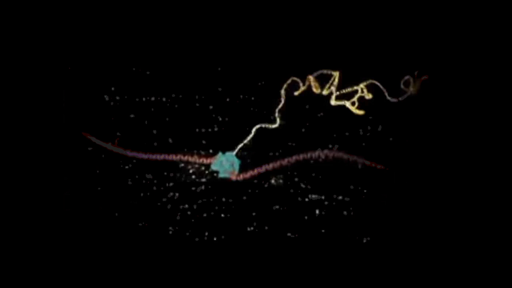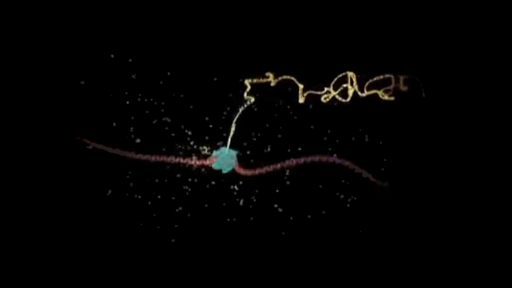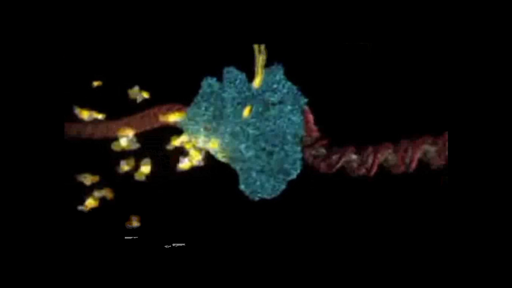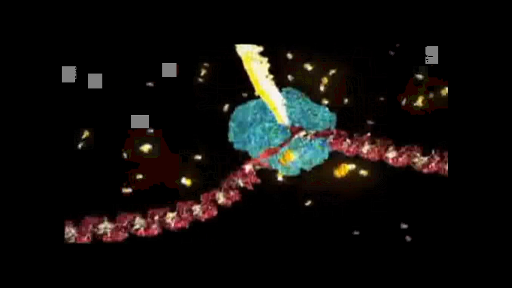The building blocks to make the RNA enter through an intake hole. They are matched to the DNA, letter by letter, to make an exact copy of the A's, C's, G's, and T's of the gene. The only difference is that in the RNA copy, the letter T is replaced with a closely related nucleic acid known as U. You are watching this process, called transcription, in real time. It's happening right now in almost every cell in your body.